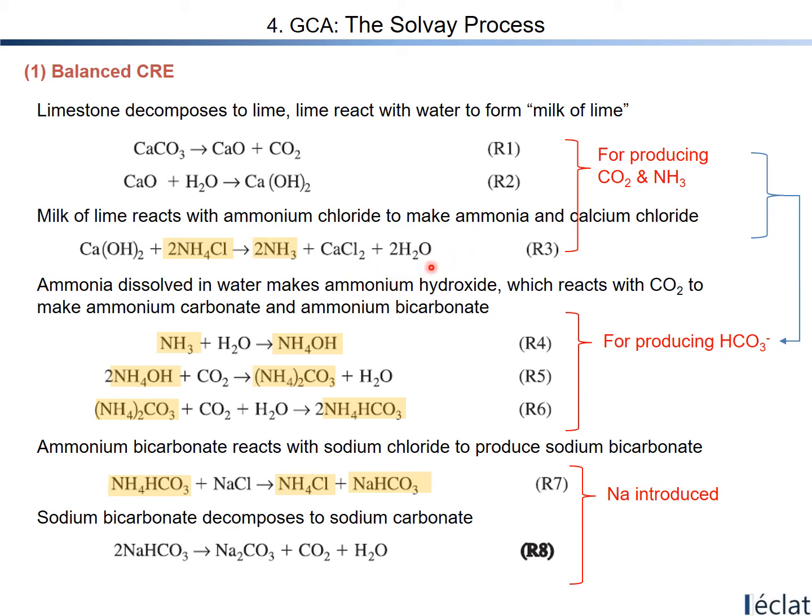So right now, by using calcium carbonate as the raw material, or very initial reactant, we have made CO2 and NH3. The other raw material is NH4Cl. So anyway, our target materials obtained from this first group of reactions were CO2 and NH3.